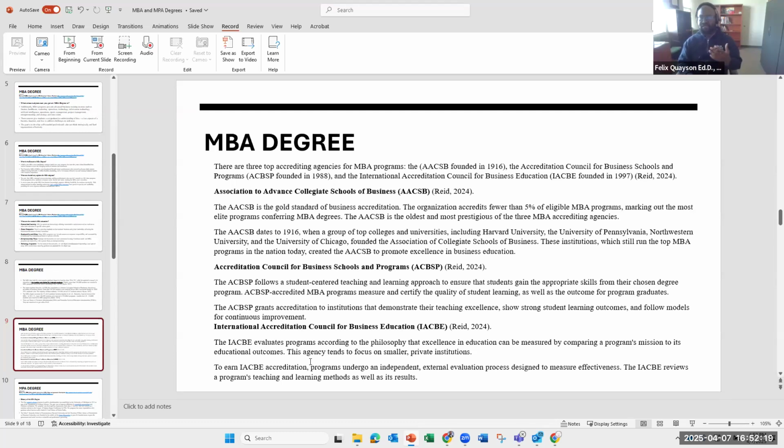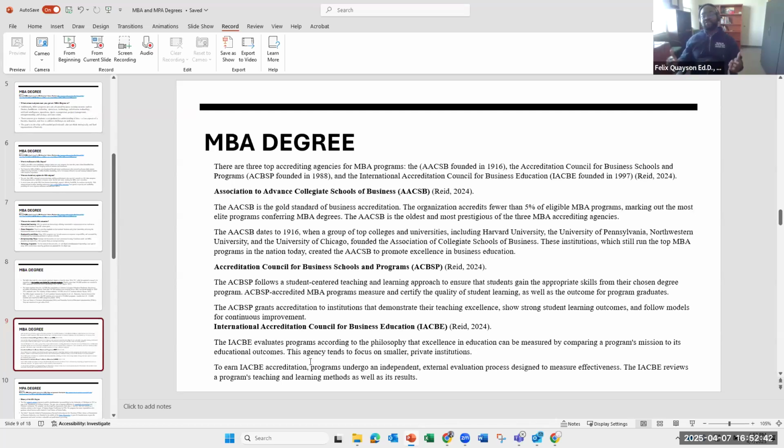If you have heard a little bit about the Baldrige framework of excellence, the continuous improvement, most of that is what the Accreditation Council for Business Schools and Programs really uses in the accreditation process. And that was founded in 1988.